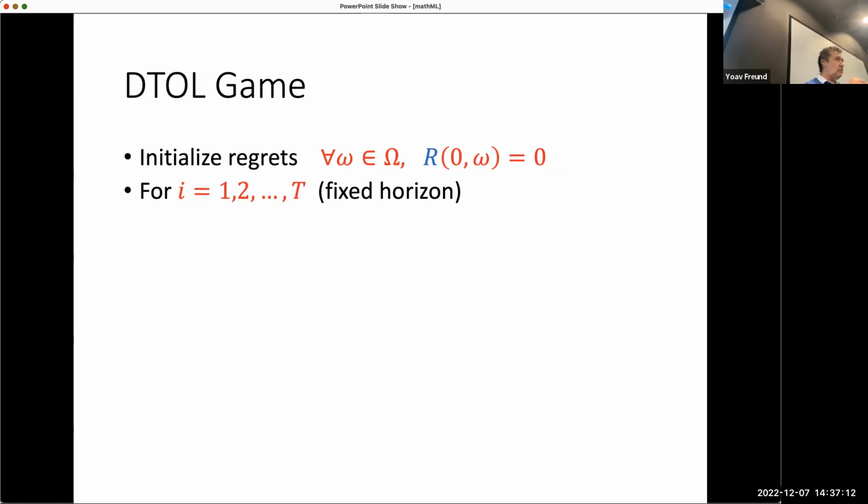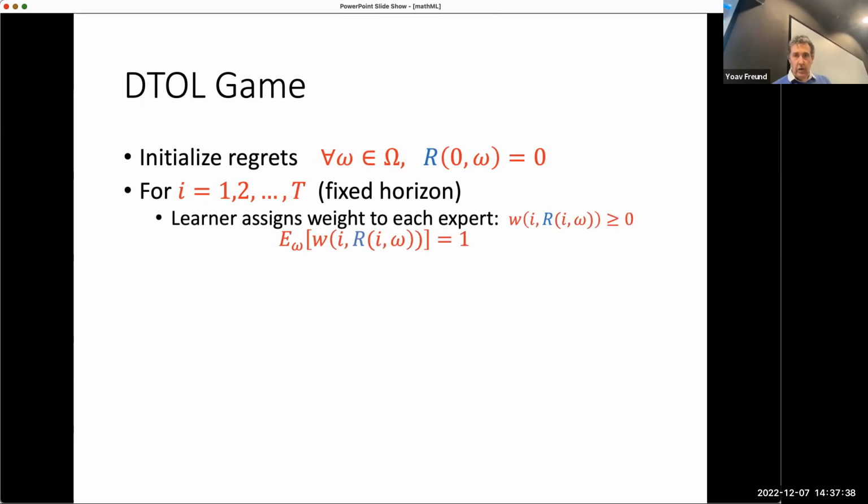Regret is basically the difference between my performance and the performance of a particular expert. Initially all of the experts have 0 and you have 0, so the regrets are 0. And we're playing here a fixed horizon game. I misled you a little bit to say that this is not fixed horizon, but in fact, we will get rid of it at the end if we get to the end.